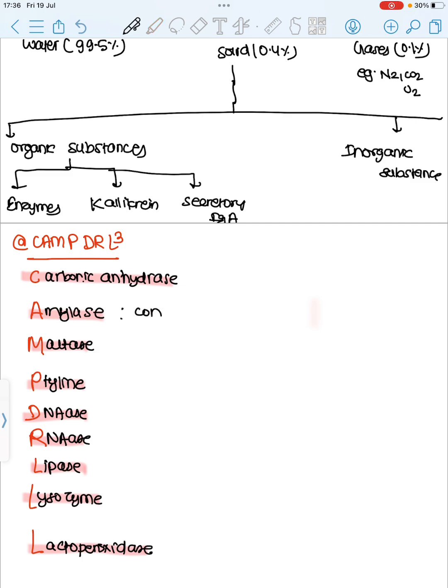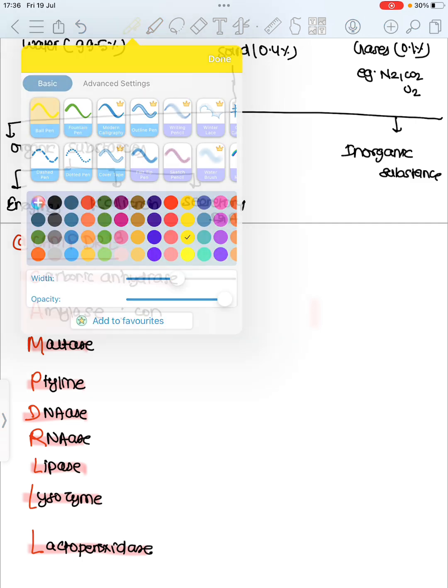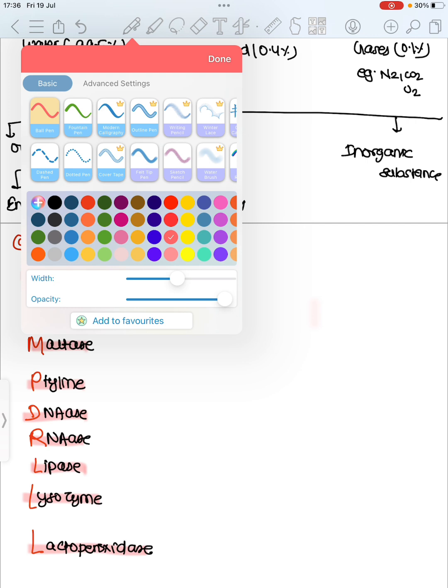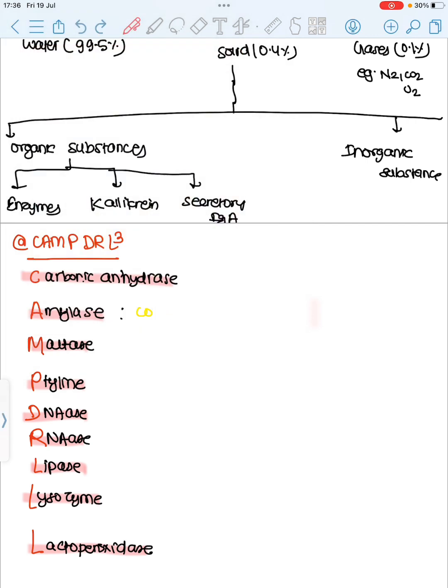Amylase helps convert starch into maltose. Maltase converts maltose into glucose.